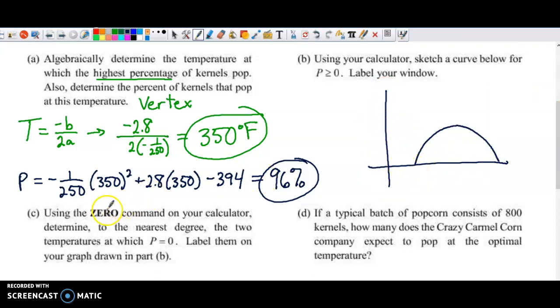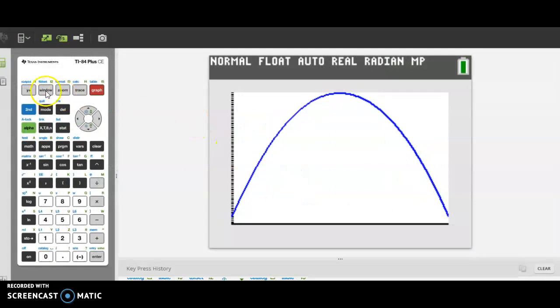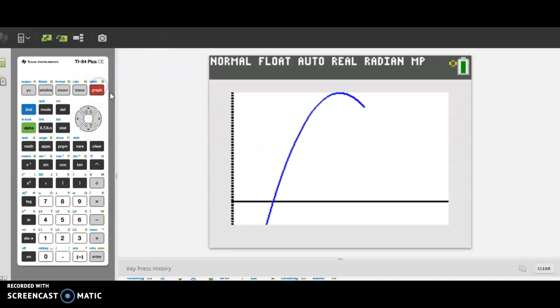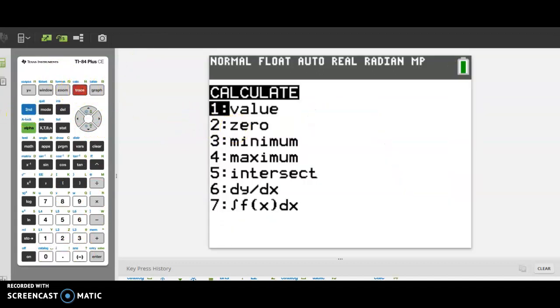And what I could also do is go back to that. Maybe I'll change it to be, I don't know, 100 to 600. And just to get like a few negative numbers, like negative 20 in here. And the reason why I'm doing that is if I hit second trace, I can actually find the 0. It's the second option down.